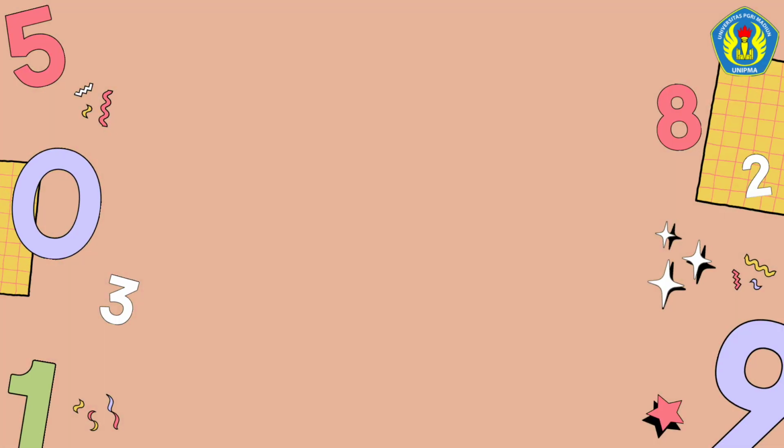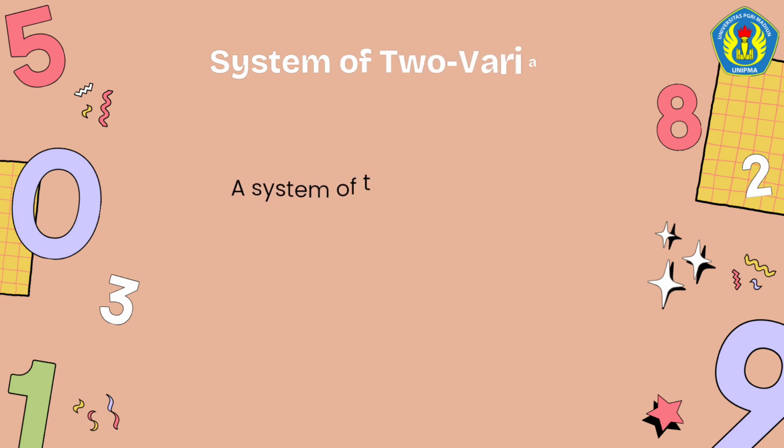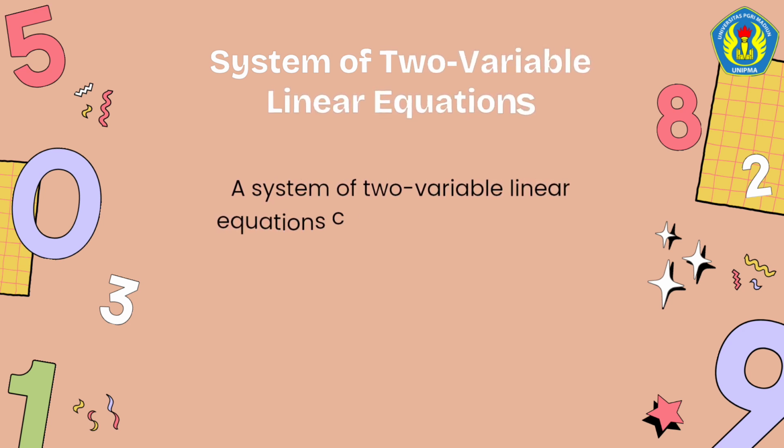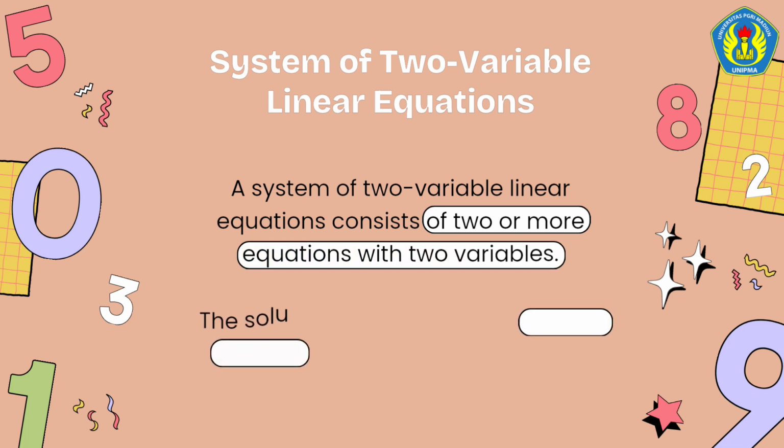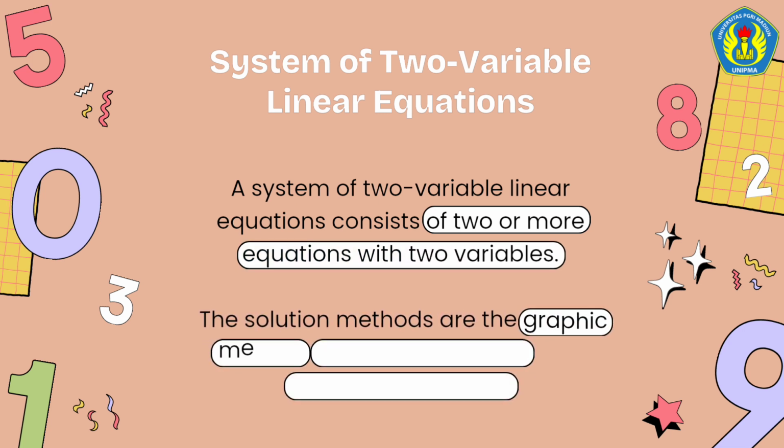Okay, next. System of two-variable linear equations. A system of two-variable linear equations consists of two or more equations with two variables. There are several methods for solving two-variable equations, namely the graph method, the elimination method, and the substitution method.